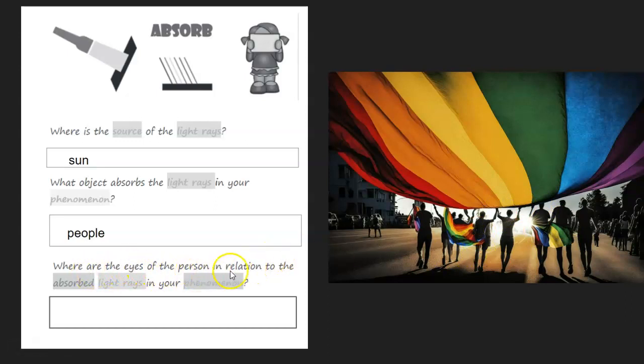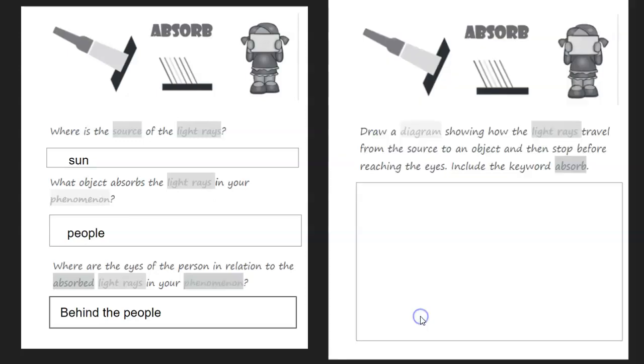Where are the eyes of the person in relation to the absorbed light rays in your phenomenon? Well, I'm looking at the back of the people, so they're behind the people, right? They're looking at the shadows created by the people. Think about where you're looking in your phenomenon.